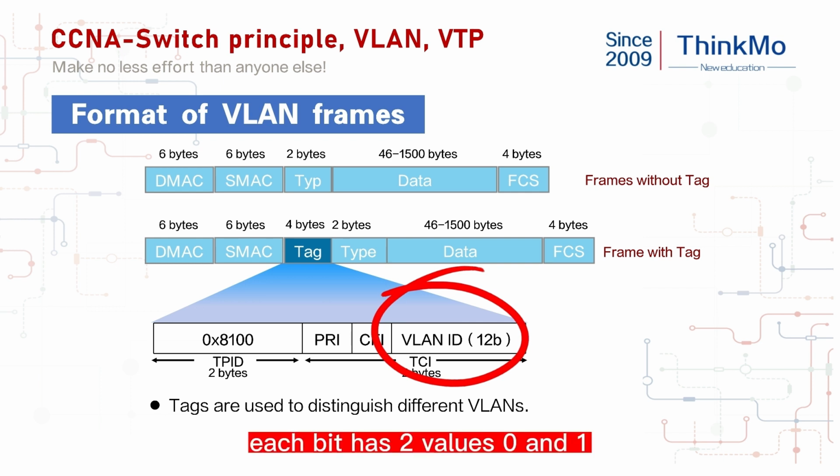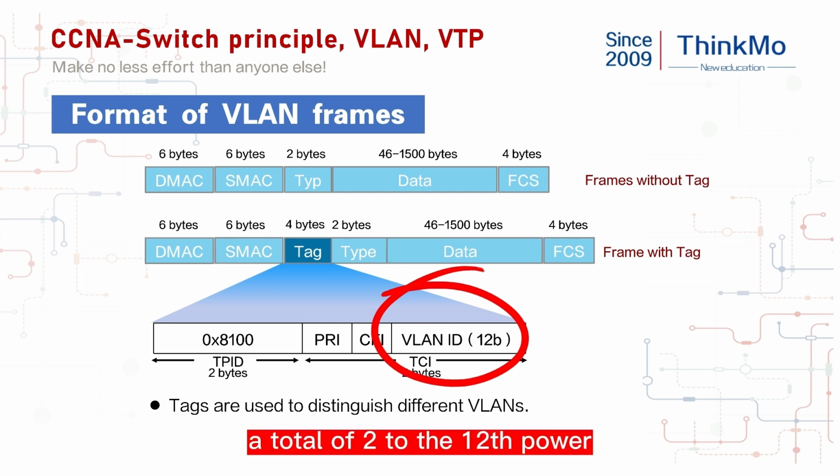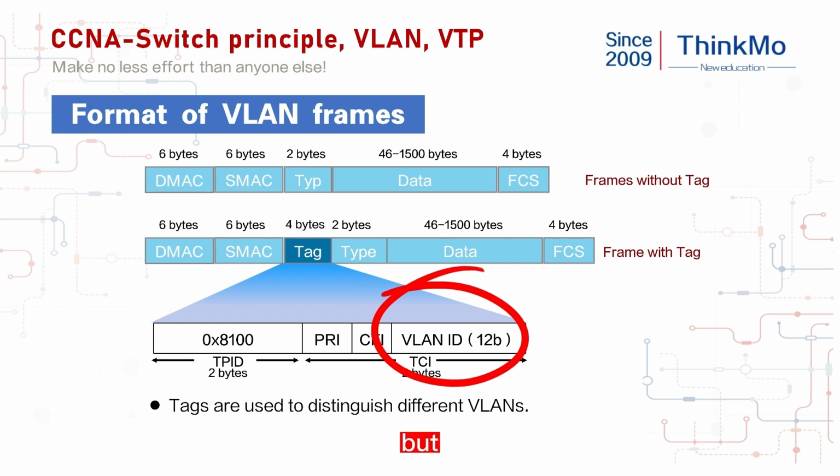Each bit has two values, 0 and 1. There are 12 bits, a total of 2 to the 12th power, which is 4096 combinations. That is, a total of 4096 VLANs. The range is 0 to 4095, which is a total of 4096, because computer counting starts from 0.